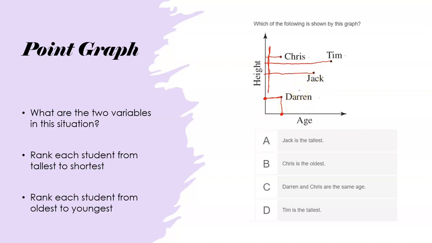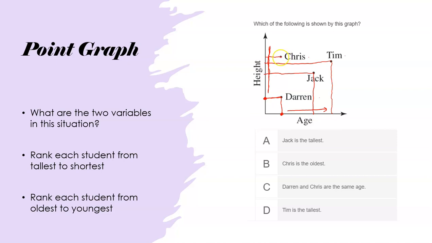If we want to rank each student from the oldest to the youngest, I'm going to look at the graph horizontally like this. I can see that Tim's point is furthest along the horizontal axis. So he is the oldest. Next comes Jack.